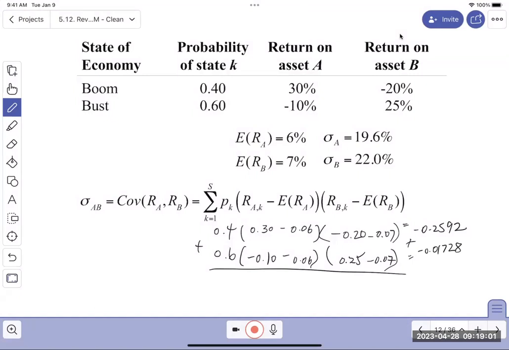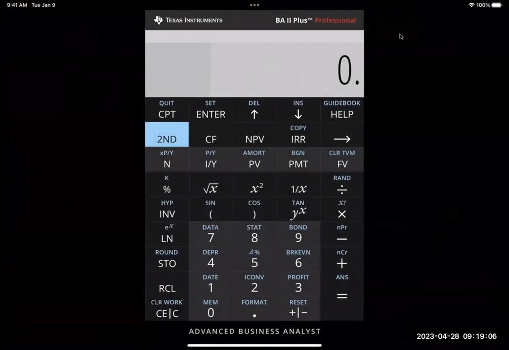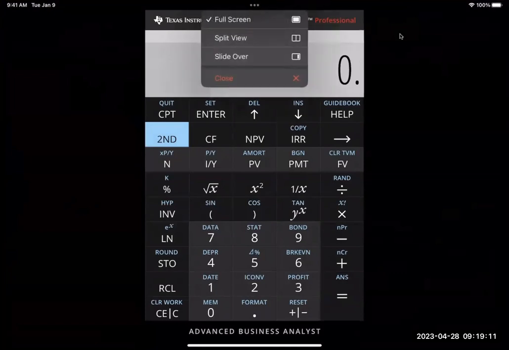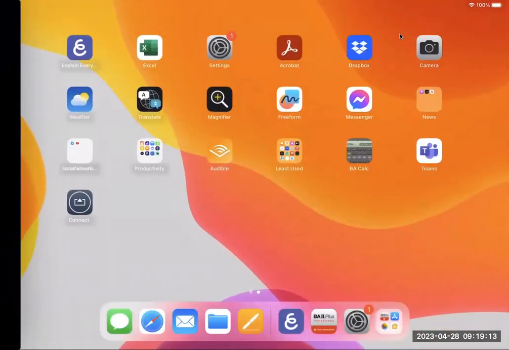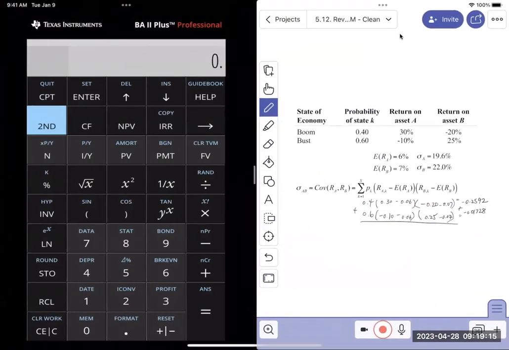Oh, I should have stored them. That would have been good. So let's do them again and I'll store them this time. And I'll show you the data so you can see what I'm doing. Okay. So 0.4 times bracket 0.3 minus 0.06 close times bracket 0.2 negative minus 0.07 bracket equals, store one, clear.